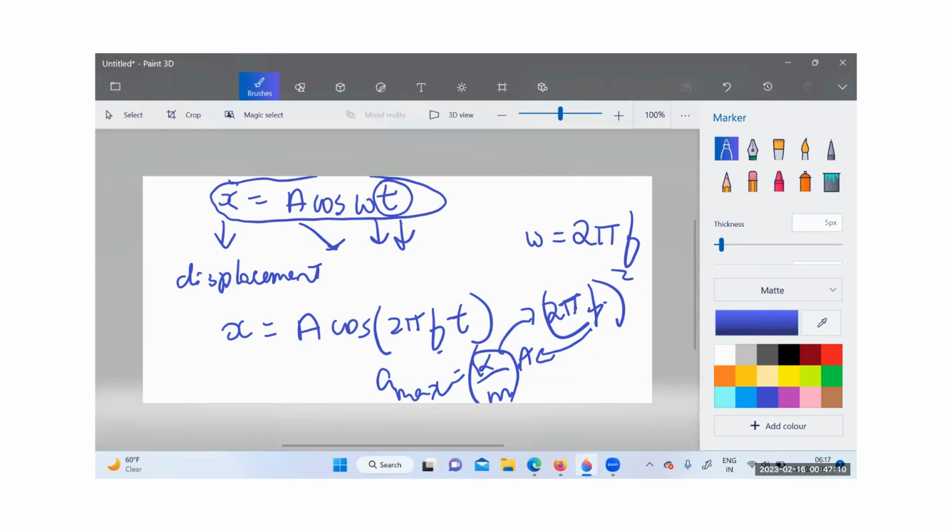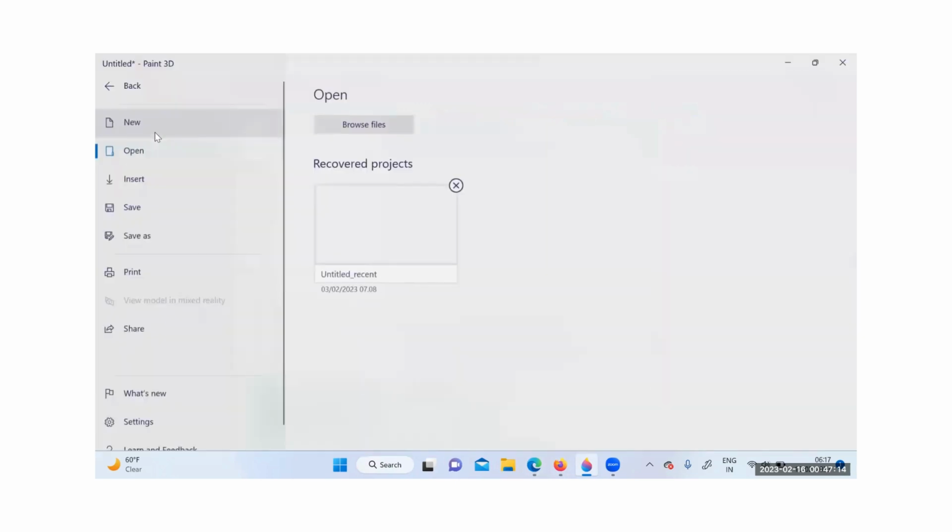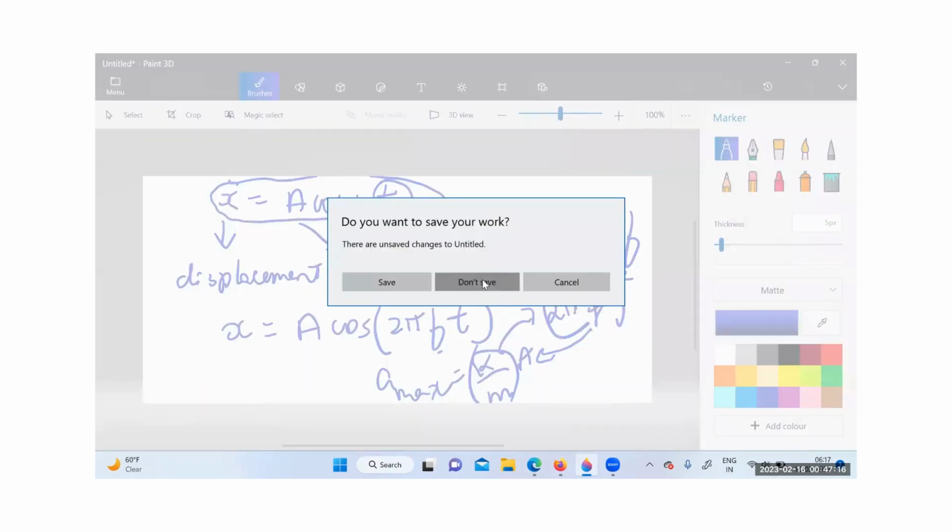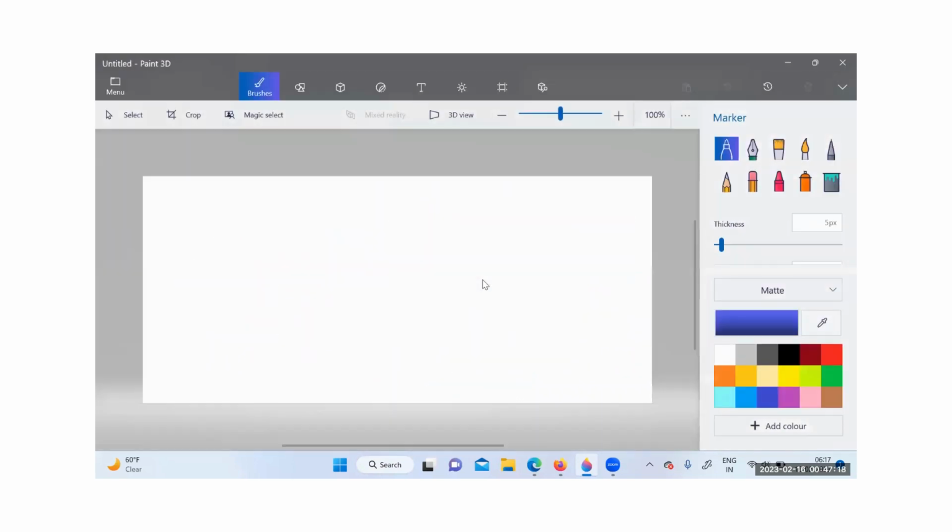And then the next concept is the simple pendulum. In the simple pendulum, you would be learning how the free body diagram would be, what is the time period for the oscillation, and also what is the frequency. These are the concepts which you'll be learning in the simple pendulum. So first, let's learn how to draw a free body diagram.